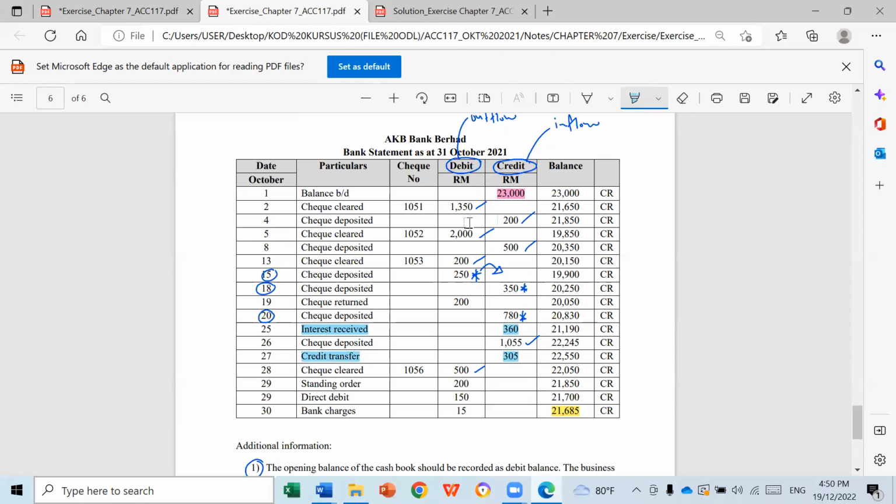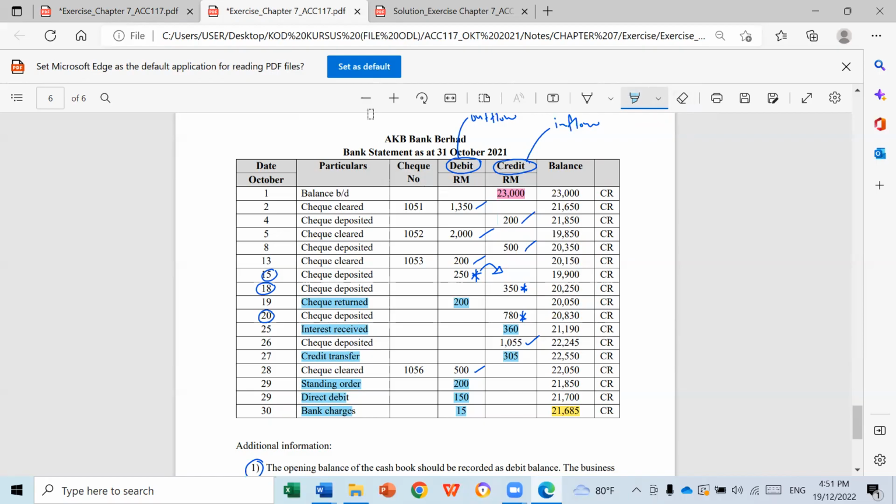On the debit side of the bank statement, we have check returned, standing order, direct debit, and bank charges. Those highlighted in blue are the items recorded in the bank statement but not recorded in the cash book, so we shall adjust these items in the adjusted cash book.